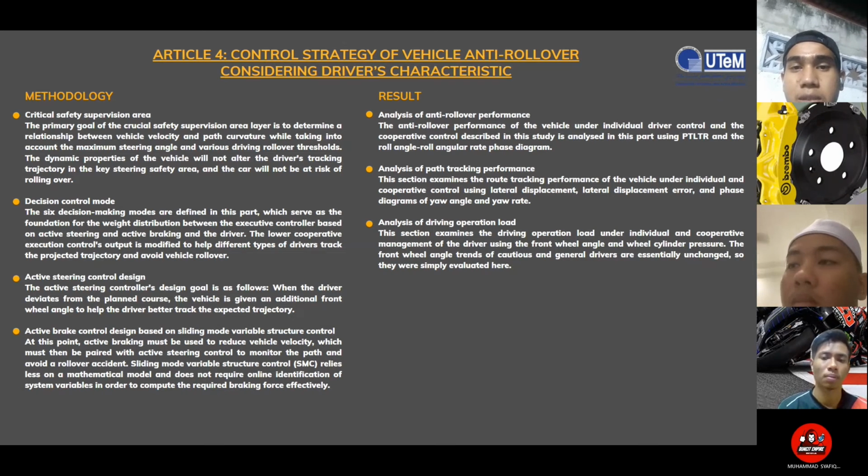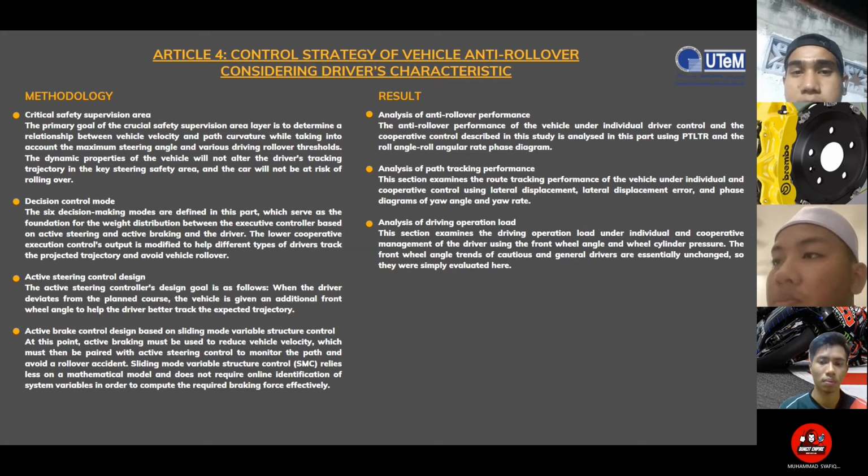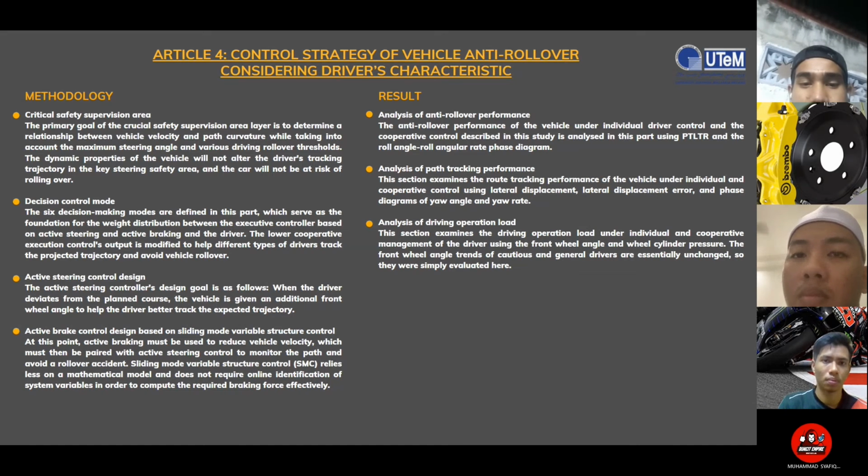This section examines the route tracking performance of the vehicle under individual and cooperative control using lateral displacement, lateral displacement error, and phase diagram of yaw angle and yaw rate. Lastly, analysis of driving operation load. This section examines the driving operation load under individual and cooperative management of the driver using front wheel angle and wheel cylinder pressure. Okay, next.